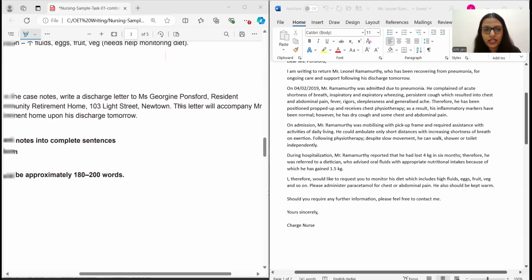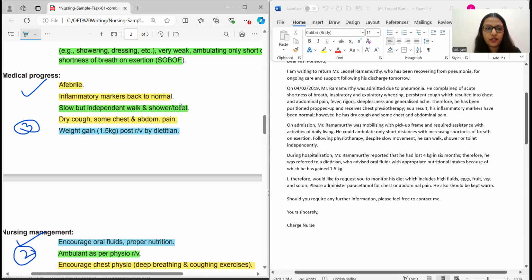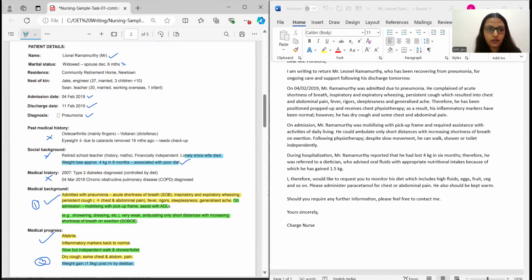On 4th February 2019, so I have started with the patient's admitting date, okay, 4th February. So on 4th February 2019, Mr. Ramamurthy was admitted due to pneumonia. He complained of acute shortness of breath, inspiratory and expiratory wheezing, persistent cough which resulted into chest and abdominal pain, fever, rigor, sleeplessness, and generalized ache.